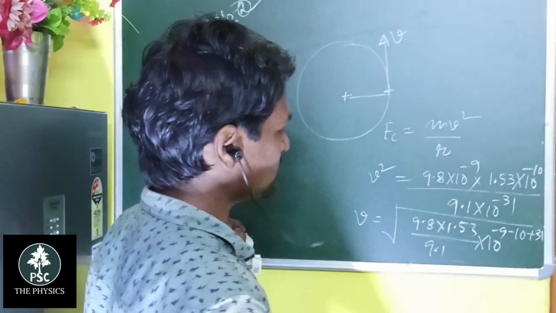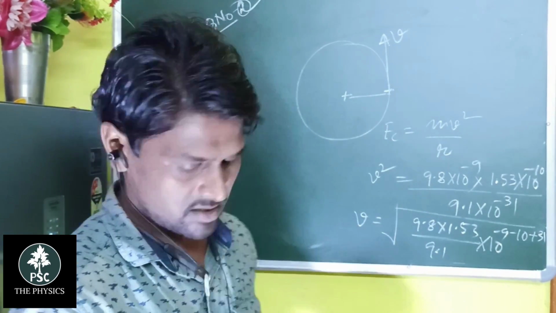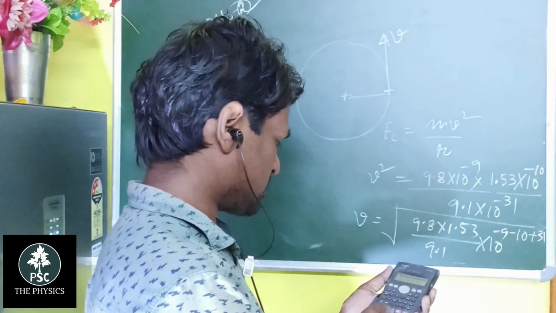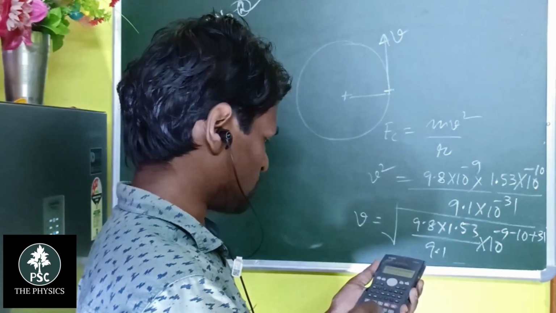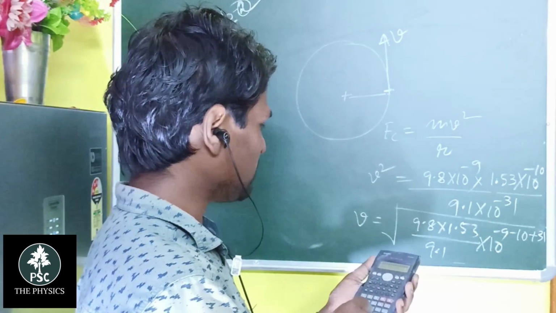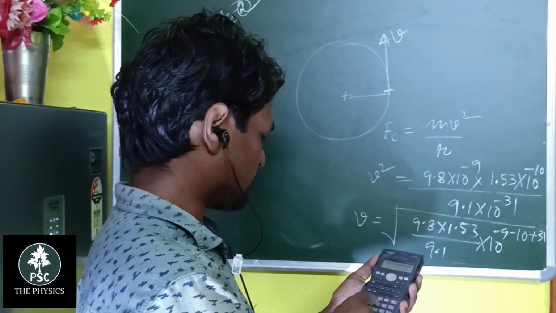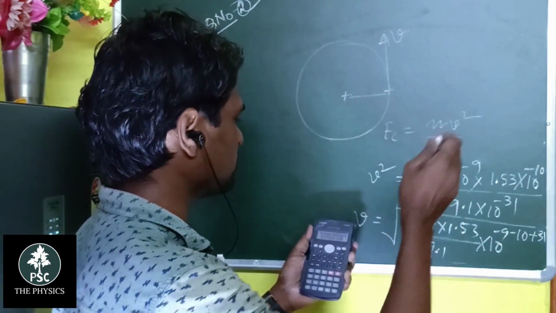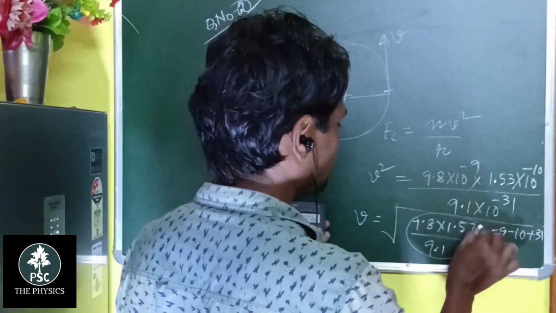This is 31. So this is the final answer. So again I take the help of calculator, and this is 9.8 into 1.53 divided by 9.1, and this is equal to 1.65, approximately.